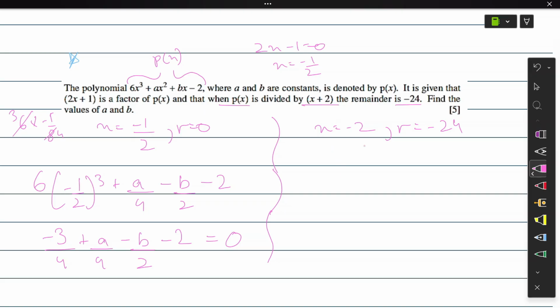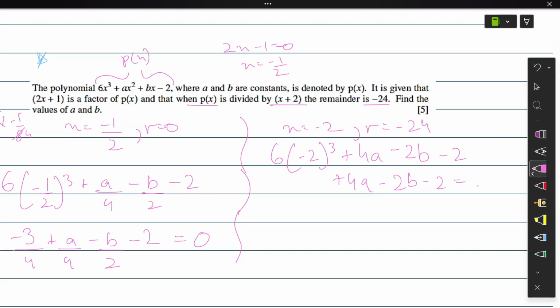Anyways, moving on. Now if I substitute x equals minus 2 into the equation, 6 into minus 2 cubed plus 4a minus 2b minus 2. Now this must simplify to minus 24. So minus 2 cubed is minus 8, 6 into 8 is, I have no idea, my brain is slowing down, give me a second.